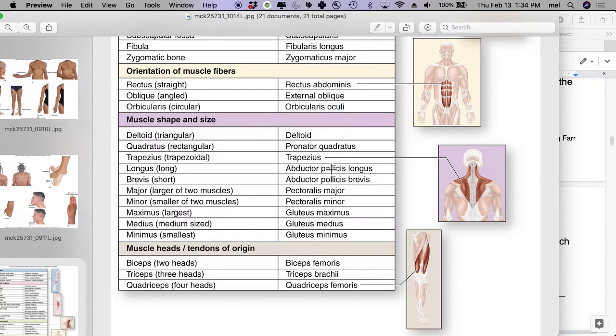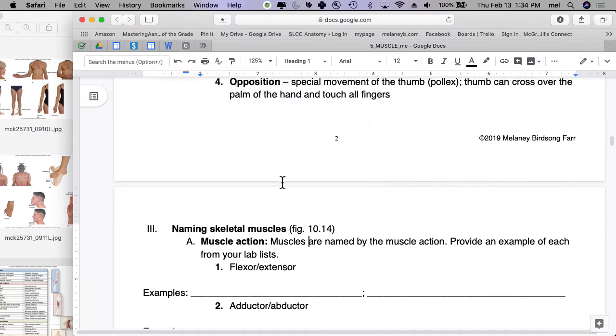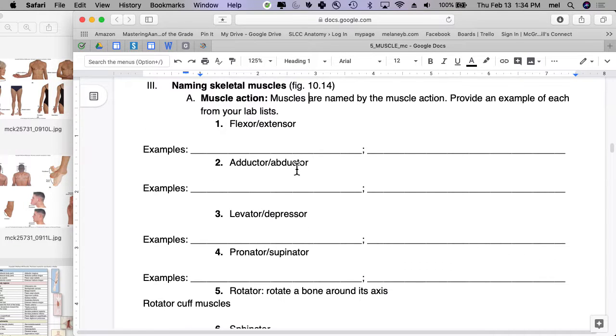Now, that's not something to memorize. What you do is look at the name of a muscle and try to figure out what it's telling you, instead of trying to do it the other way. We're going to do it with examples that you are actually learning in lab. Okay, so the muscle action. Sometimes muscles are named for their action, but what we just learned is that the action can also tell you the location. That's why we approached it that way.